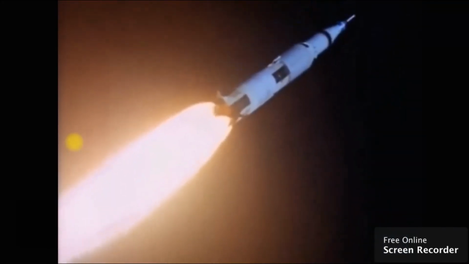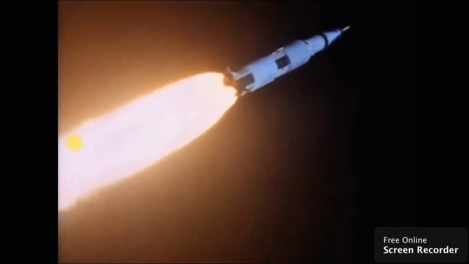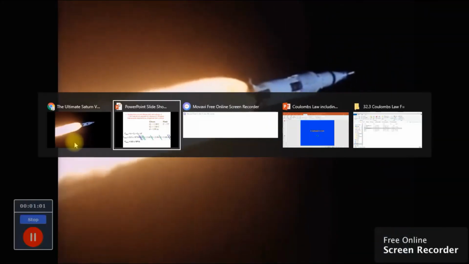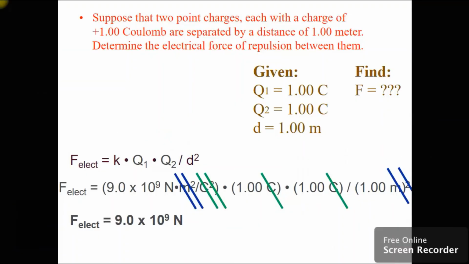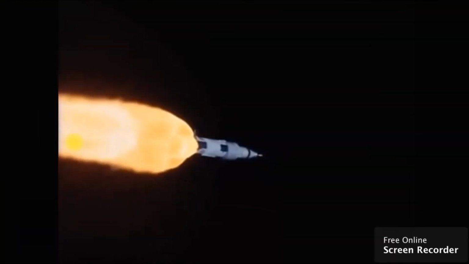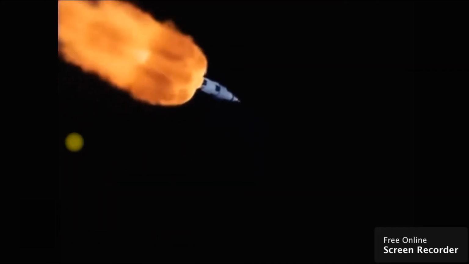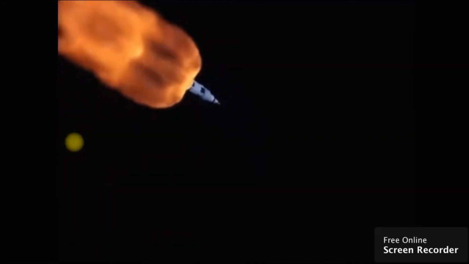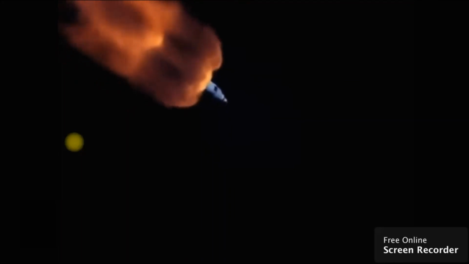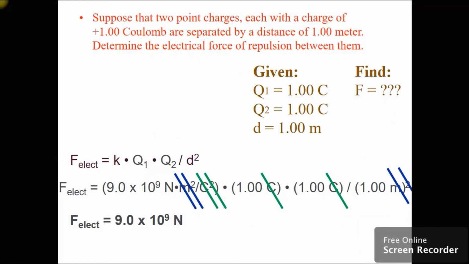So that's 35 million newtons, and the answer to our equation over there is 9 billion newtons. So there is 35 million newtons pushing a rocket up into space, and now you can start to see the 5 nozzles on the bottom of the rocket a little better. And our answer is 9 billion.